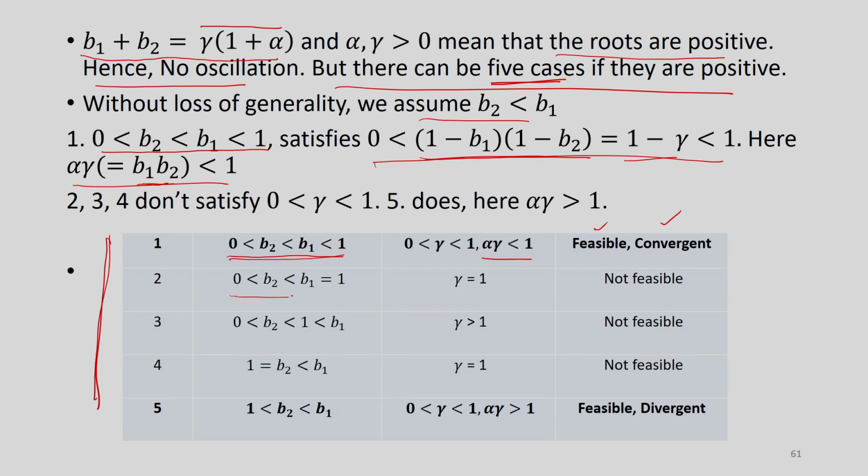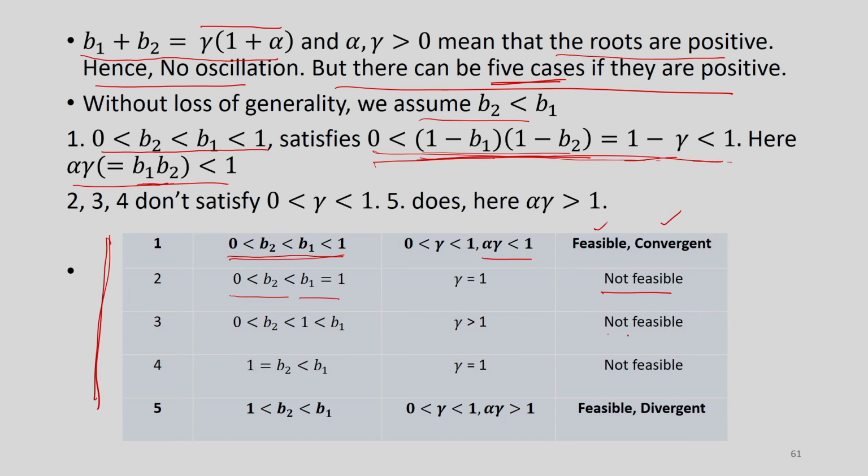What about the second case? Second case is the larger root is equal to 1. Now, that is not possible. The reason being that if B 1 is equal to 1, then 1 minus B 1 is equal to 0. So, this condition is no longer satisfied. The product has to be greater than 0, but here the product is turning out to be 0. So, this is not feasible.